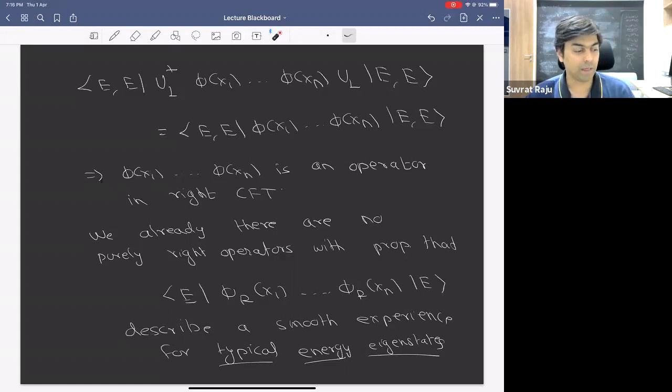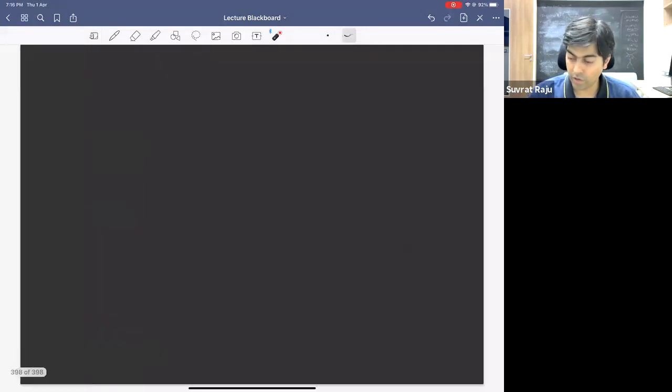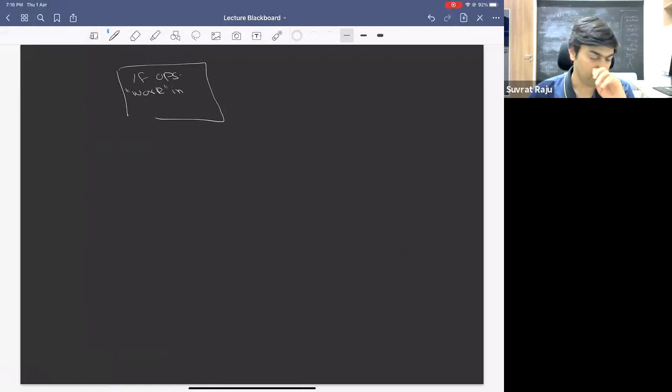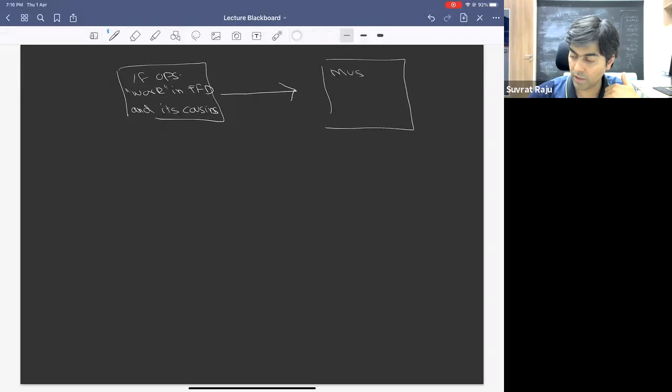Okay, so let me make the logic clear. The logic is: if the operators work, and I'm using this term "work" to mean that the operators have the correct properties that we expect from effective field theory, so if the operators work in the TFD and its cousins, then the same operators must also work in disentangled states.